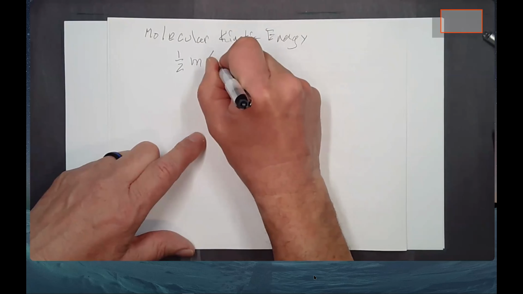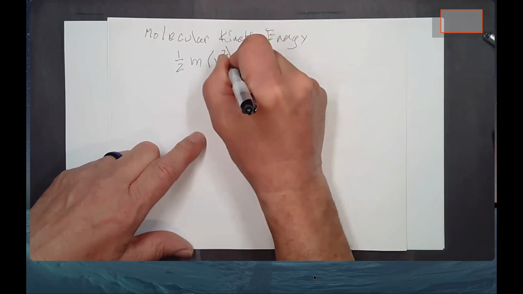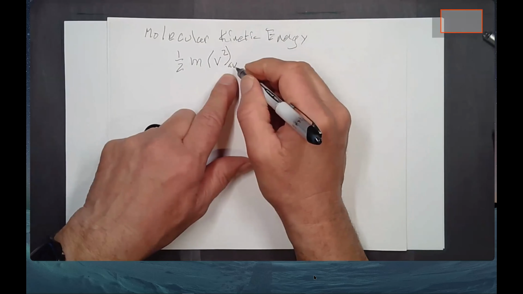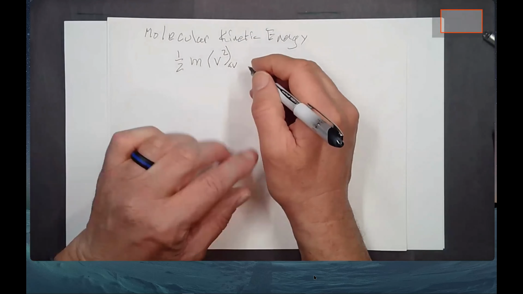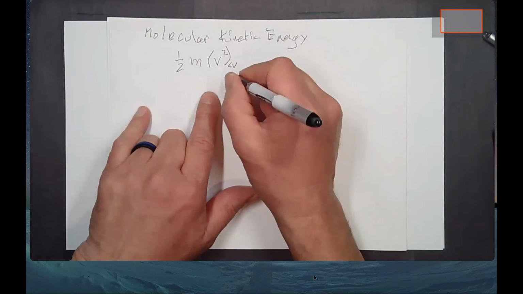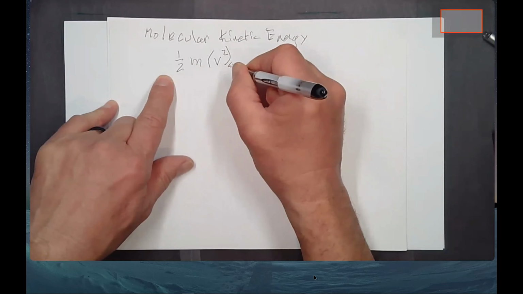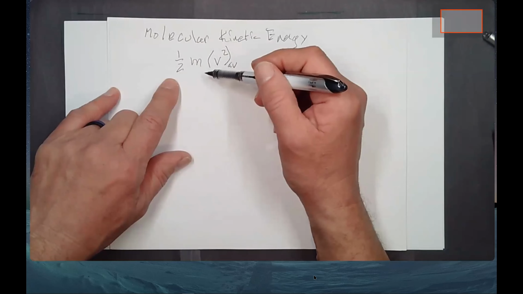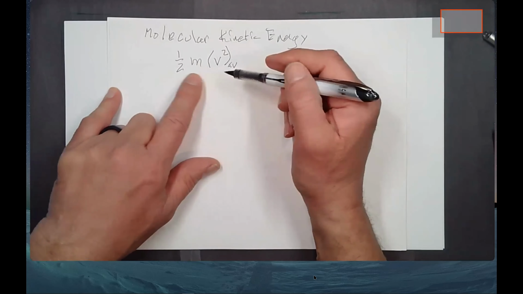And it's the average value. And they just use an AV for average. I tend to use an AVG, but don't worry about that too much. But this would be the average kinetic energy of a molecule or an atom of mass m.